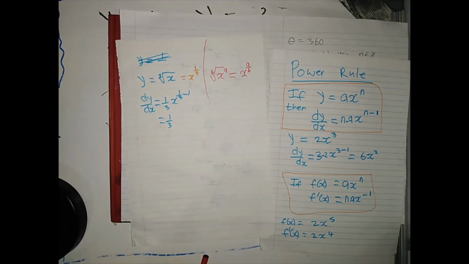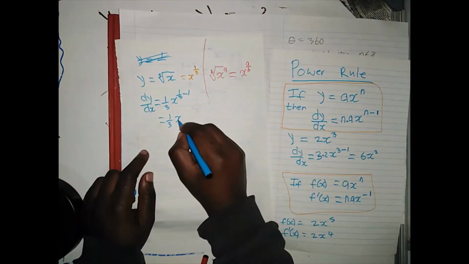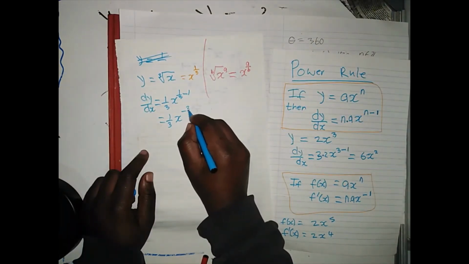I know you like using a calculator, so let me also use it. You get minus 2 over 3. So 1 over 3 times x to the power minus 2 over 3.